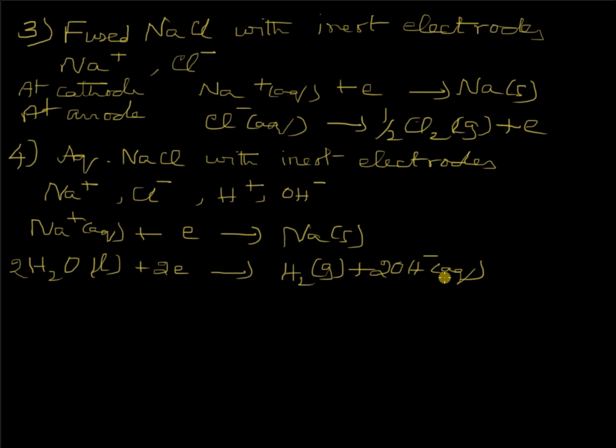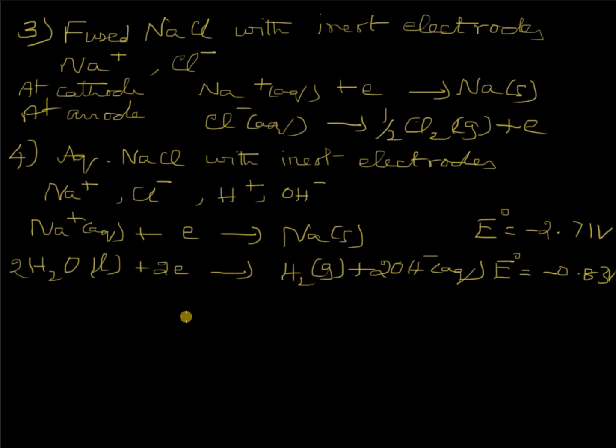Now the values for them are Na plus, this has a value for E naught as minus 2.71 volt, and the E naught value for water is minus 0.83 volt.